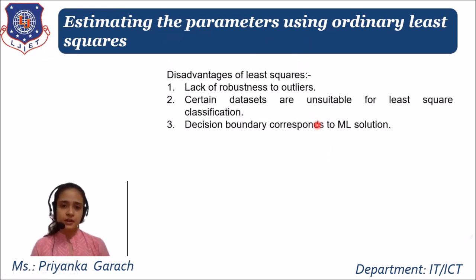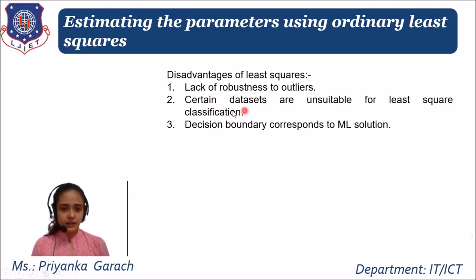So what is the disadvantage of using this least square method? It has a lack of robustness to outliers. It means if outliers are present in your model, the OLS model will not effectively react to them.